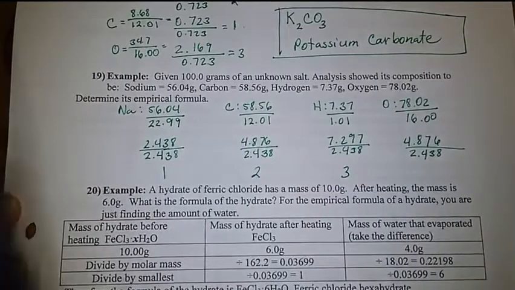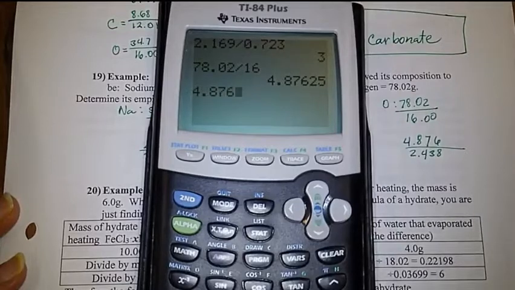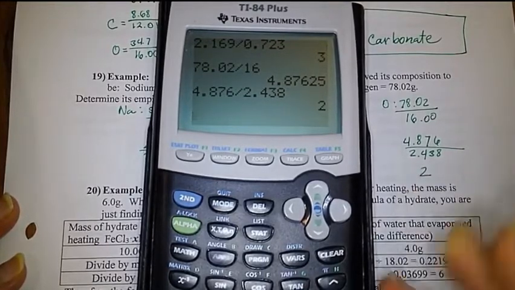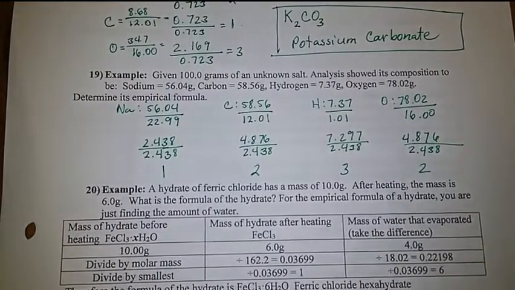And I'll go ahead and show you oxygen. So I'm going to take this number that I got, 4.876, and I'm going to divide it by 2.438. Okay? And I get 2. Okay. So, like I said before, it's going to take some time to actually be able to recognize what this compound is.